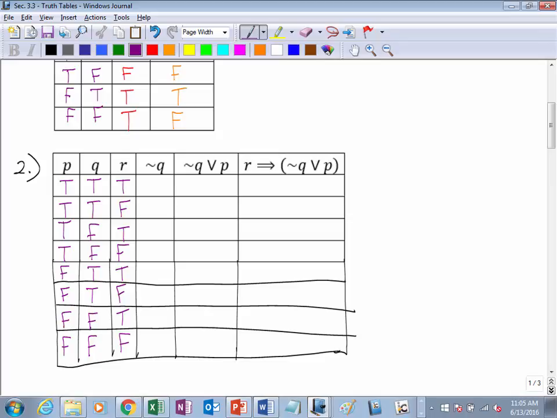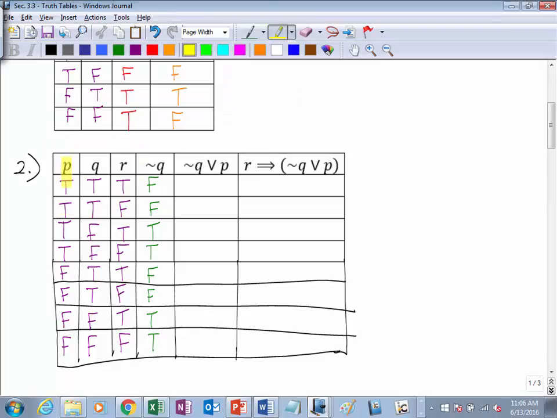All right, so then tilde Q, that's going to be the opposite of Q. So that would be, in this case, F, F, T, T, F, F, T, T. All right, then I'm going to do not Q or P. So the only time this is false is if both of those things are false.